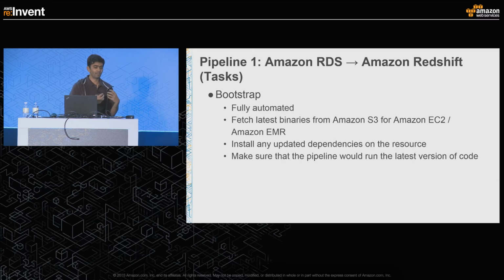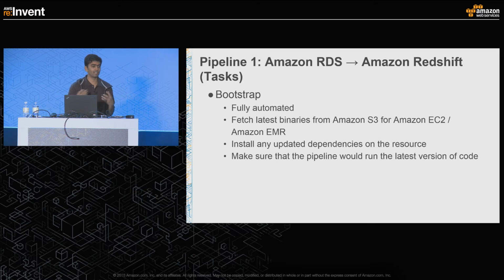And if you have dependencies, say you were using some version of Boto and you updated that version, instead of you having to update the AMI and going across every pipeline, you can make your Bootstrap step update your dependencies. This will take some time if you were installing libraries that were much more complicated. At that point, you can go back and update your AMI, but you don't need to do it every time you install a new dependency.